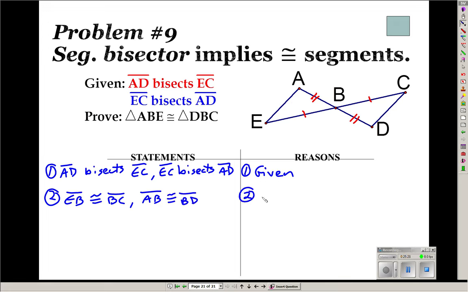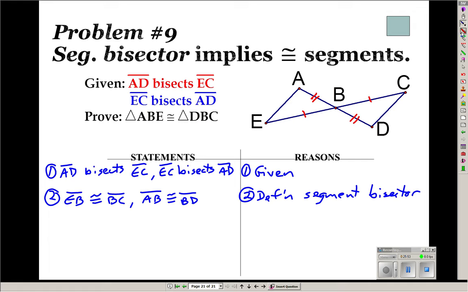Why? Well, because the segment was bisected. That's the definition of a segment bisector. That's what a segment bisector does. Well, that's two pairs of congruent sides. SS is not enough. So what else do we have?